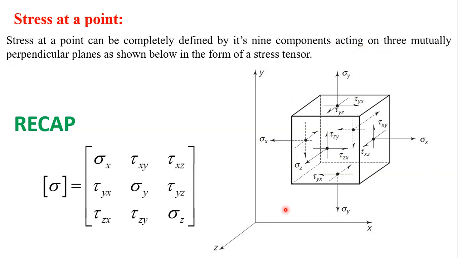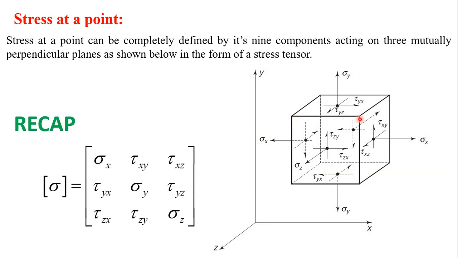So we have this figure, and this is the x-axis, this is the y-axis, and this is the z-axis. And this plane, please follow the cursor, is called the x plane because if you draw a normal to this plane it will be parallel to the x-axis.